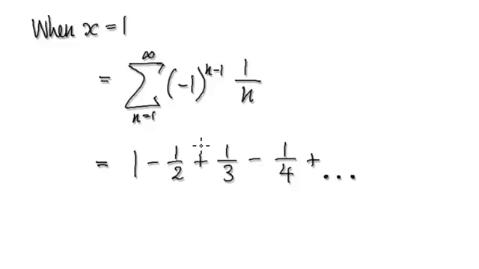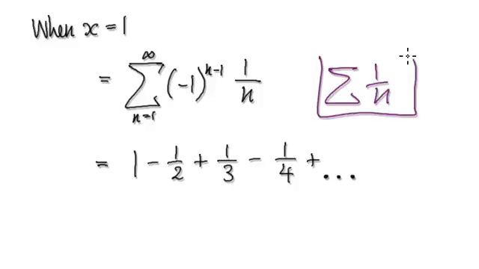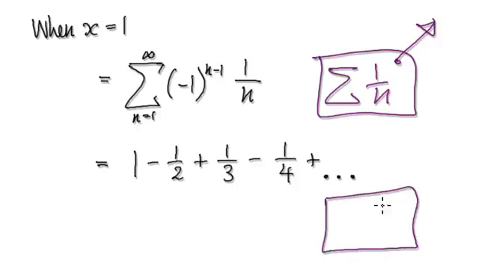This is an alternating harmonic series, and we've seen in the past that the normal harmonic series will diverge. But an alternating harmonic series, -1 to the power of n over n, will converge, and we've seen this many times in the past.